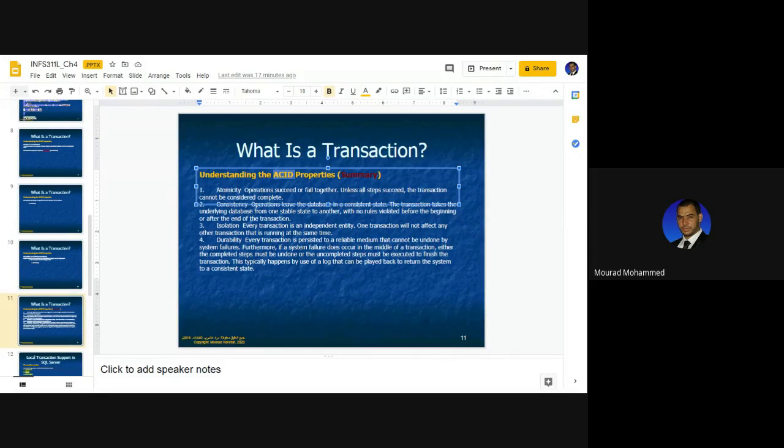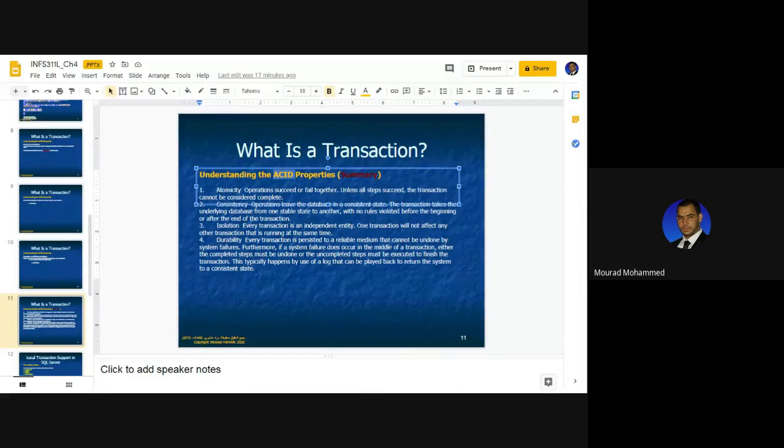If you take the example of the ATM machine, if an electrical shortcut happened while the money was being withdrawn, there will be no update once the electricity came back.